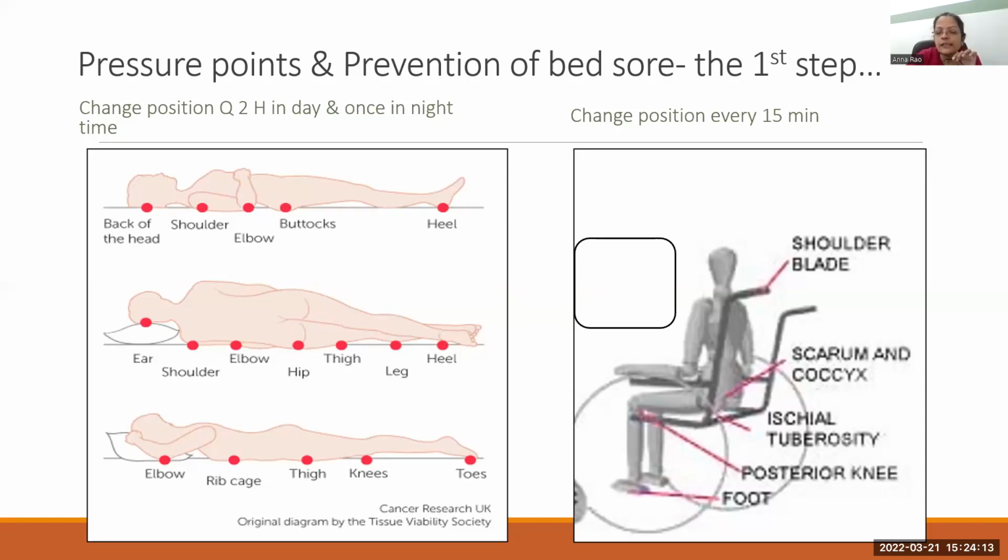Many times we see that the patient is sitting on a very hard surface of the wheelchair. It should not happen. It may not be a wheelchair also, it may be a simple chair, but always keep the part padded, so it is soft at the bony prominences.